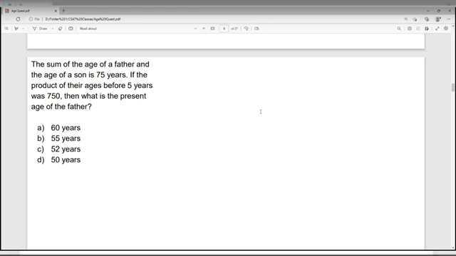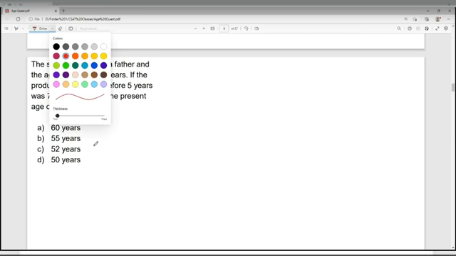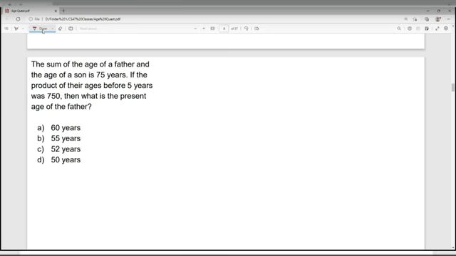If the product of their ages before 5 years was 750, then what is the present age of the father? So what we need to find out is the father's age. So please mark it here so that you remember.